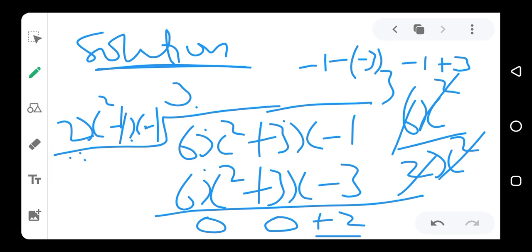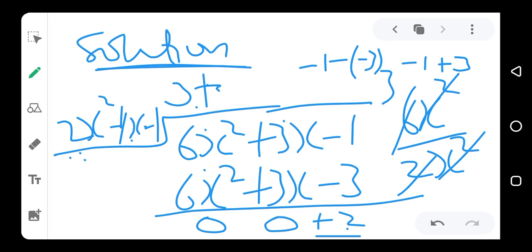Now we say that our answer is 3 remainder 2. We cannot add the remainder here as plus. We write it as 3 remainder 2 because it is something we cannot divide.